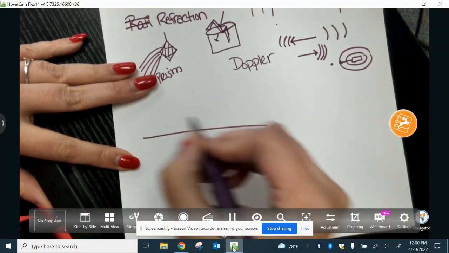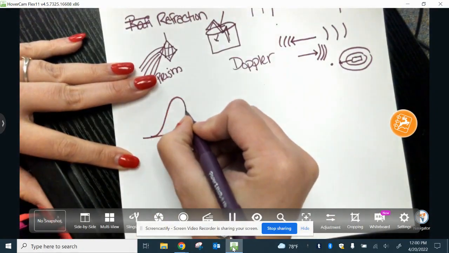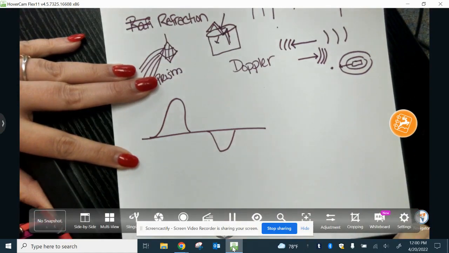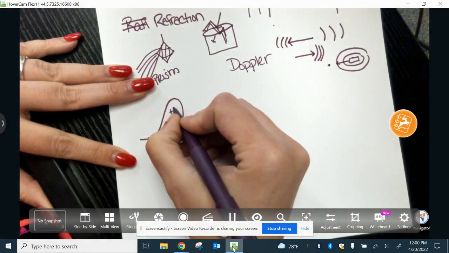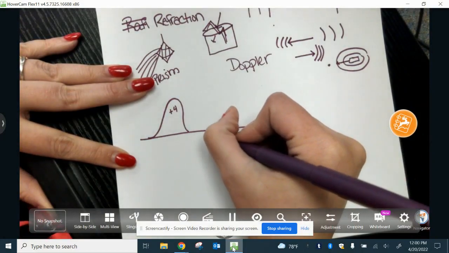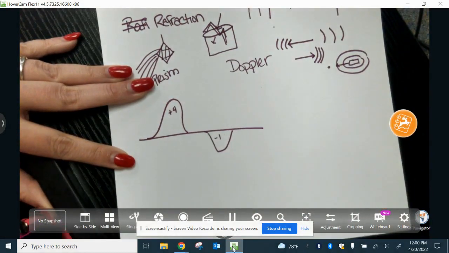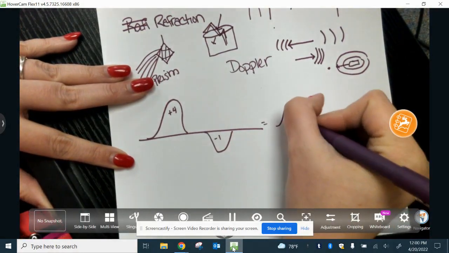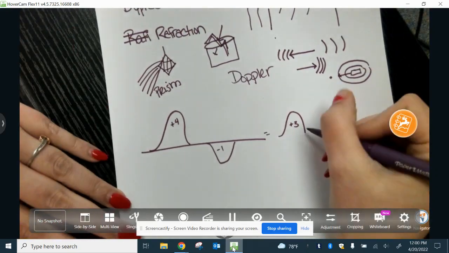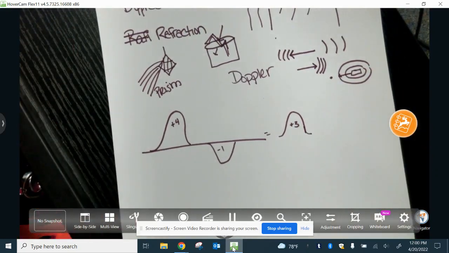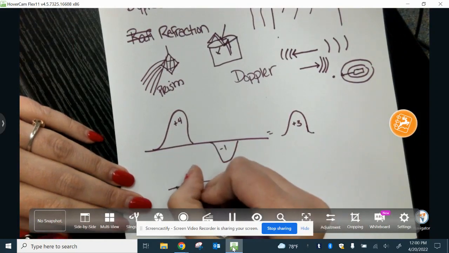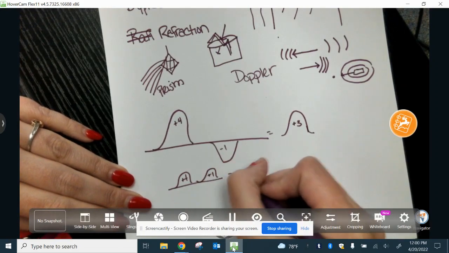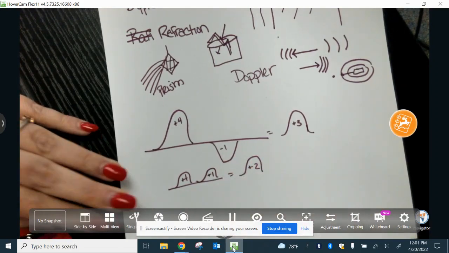When you're looking at two waves and they're going to interfere with one another, a wave like this, a wave like this. If this one is +4 high and this one's -1 high, the resulting wave would be +3 high. So they're going to add up. If you have one that is +1, +1, you would have one +2.